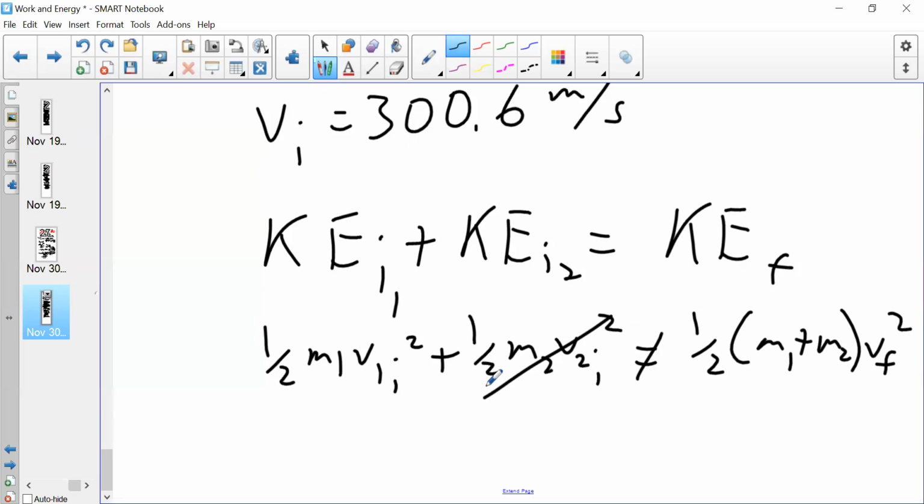And the final kinetic energy, with 0.6, and we know the speed of the bullet is 300.6, and go ahead and show that they're not equal. And there's another proof to yourself that in perfectly inelastic collisions, the kinetic energy is not equal, not the same on both sides.